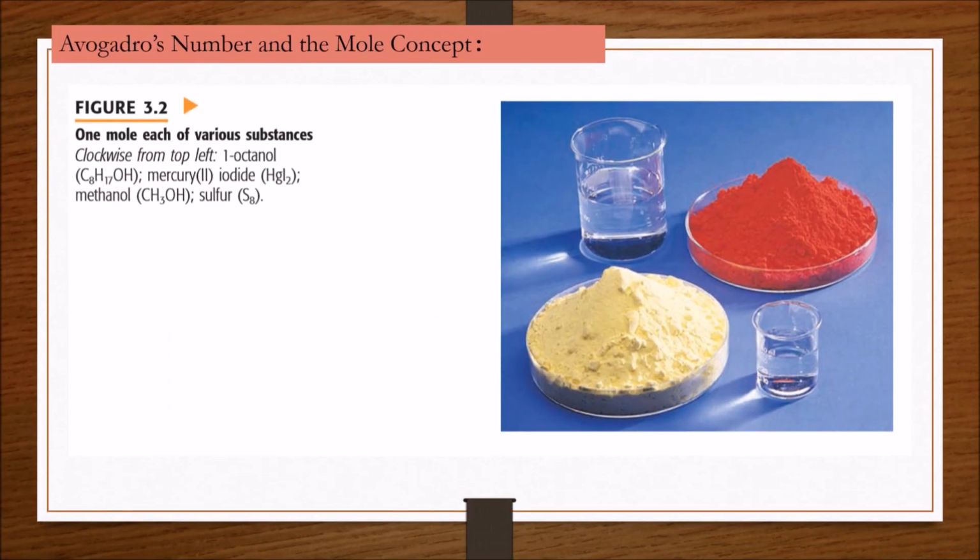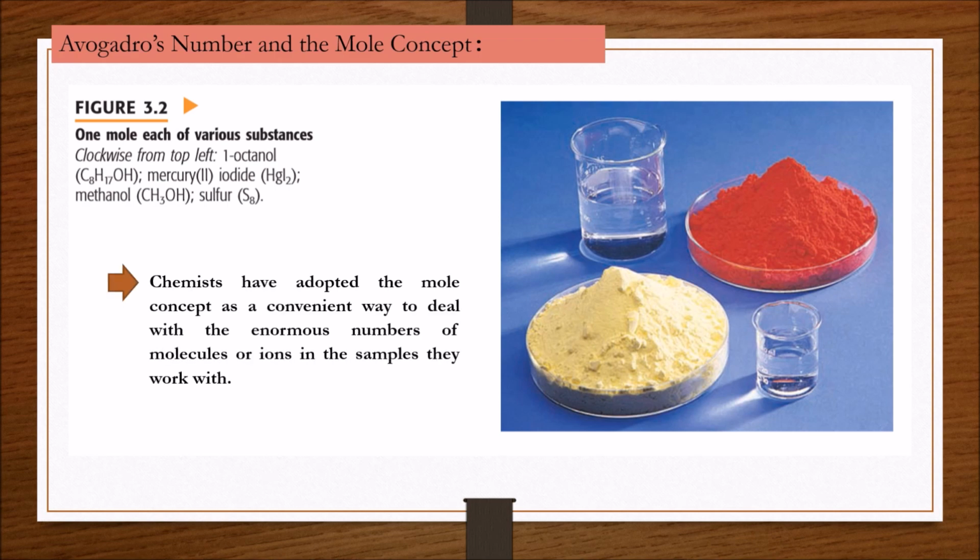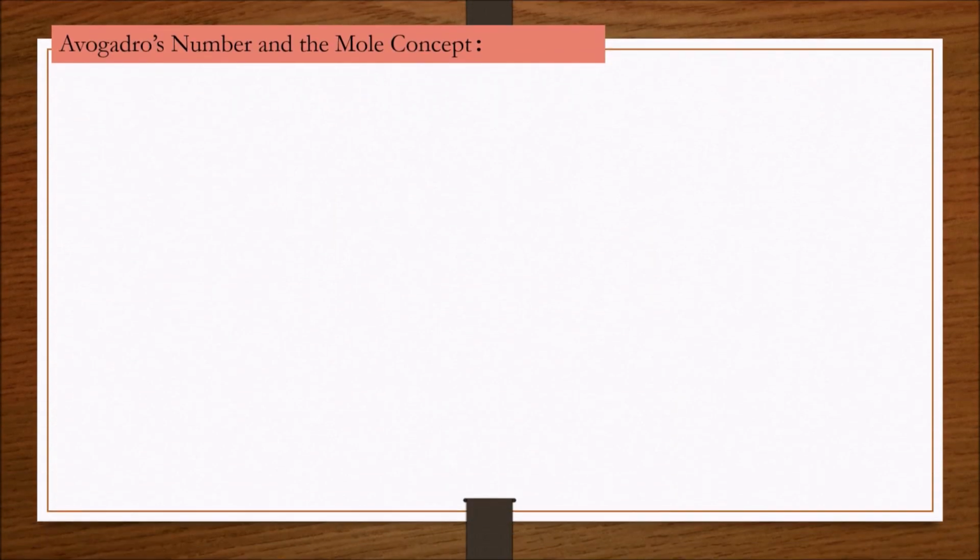Okay, so let's go over Avogadro's number and the concept of mole. When we prepare a compound industrially or even study a reaction in the laboratory, we deal with a tremendous number of molecules or ions. So chemists have adopted the mole concept as a convenient way to deal with the enormous number of molecules or ions in the samples that they work with.